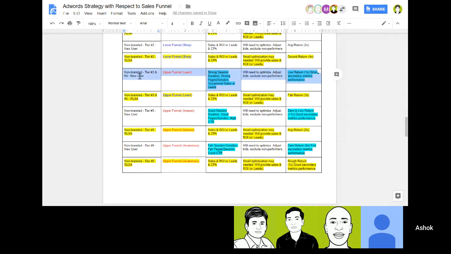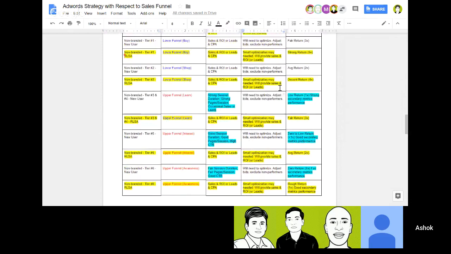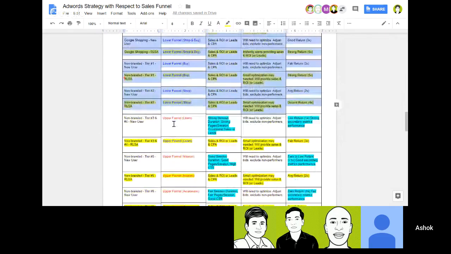I want you guys to go through it one by one. So until here we were focusing on sales, but as soon as we moved into upper funnel, the metrics of focus change. So strong session duration, strong pages per session, occasional sales or leads. These are engagement metrics, strong session duration and strong pages per session.